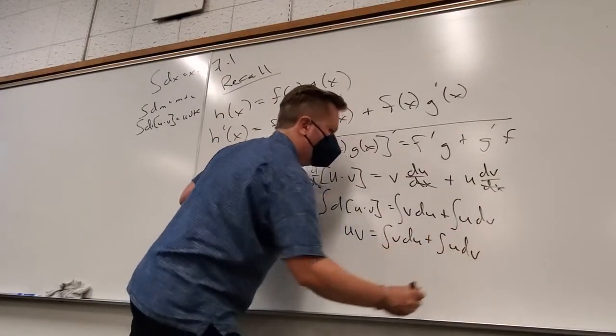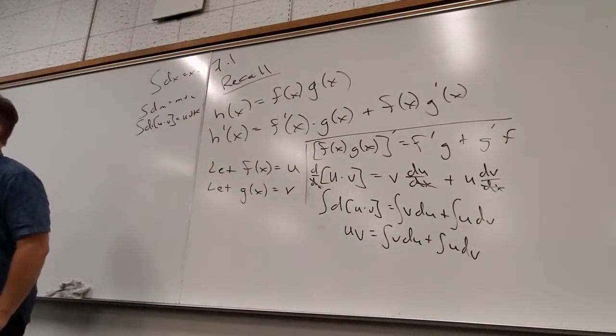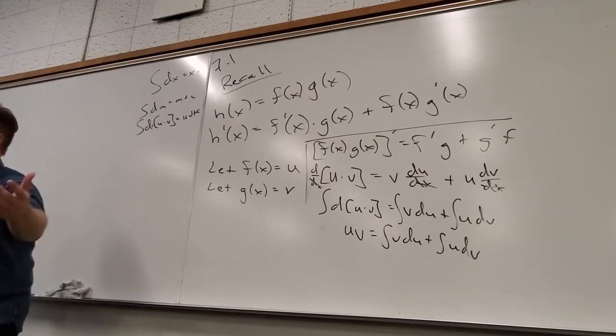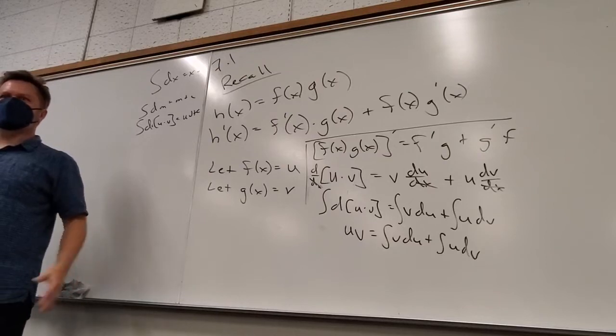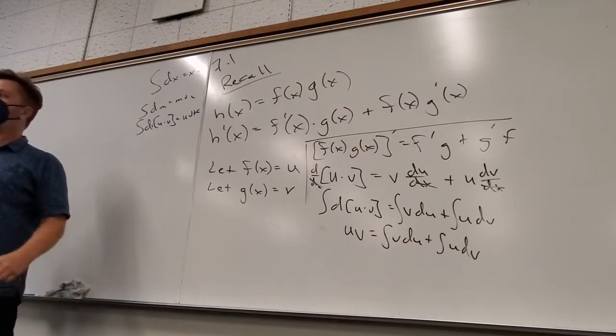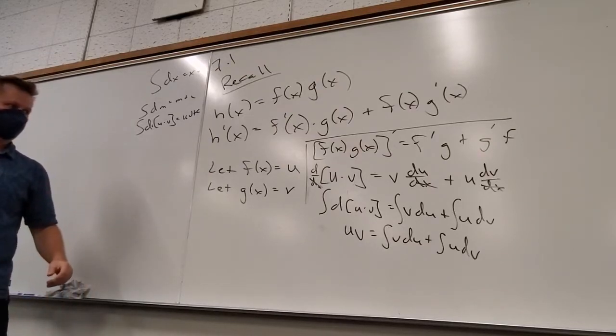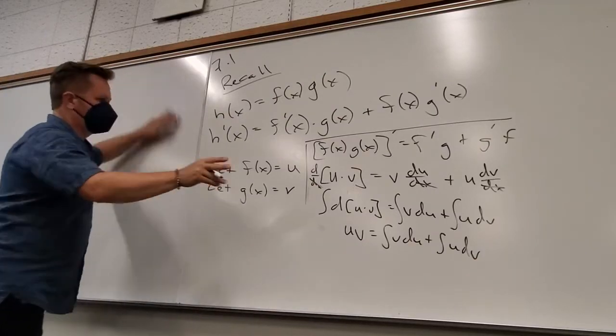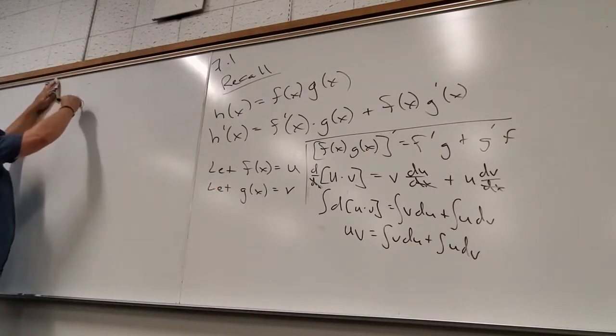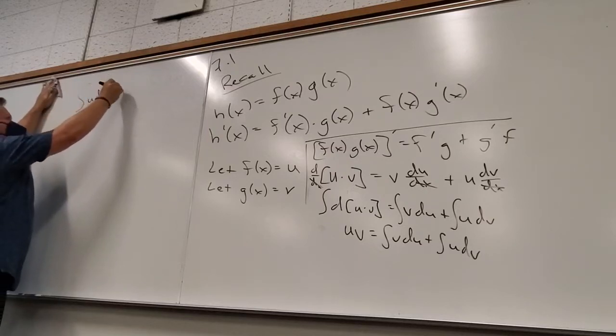Okay. We're almost there. So here's the powerful step, and you're not even going to know this is the powerful step. If I solve for this, isn't this just this?